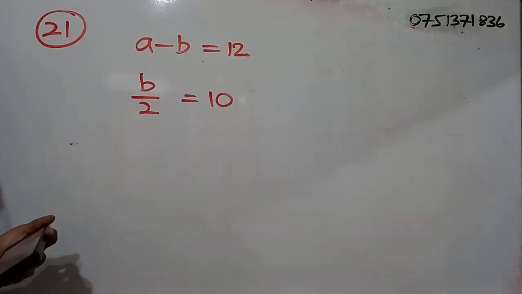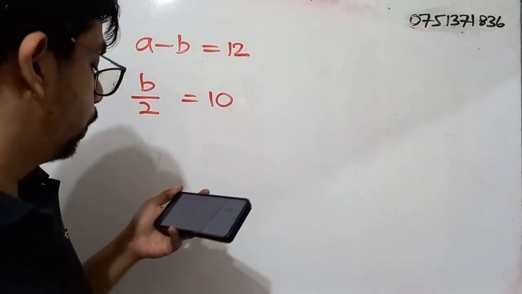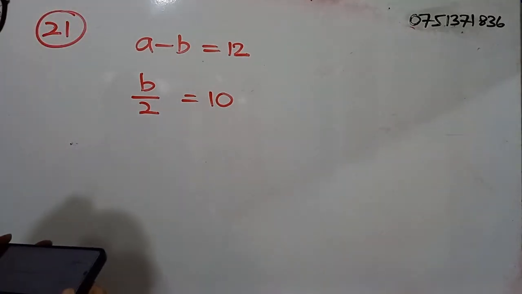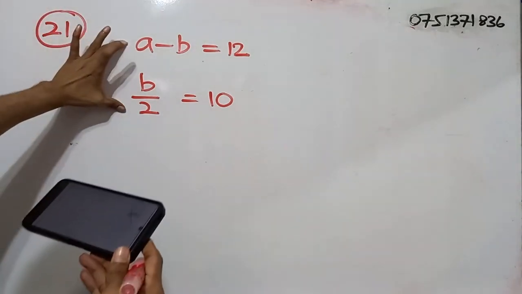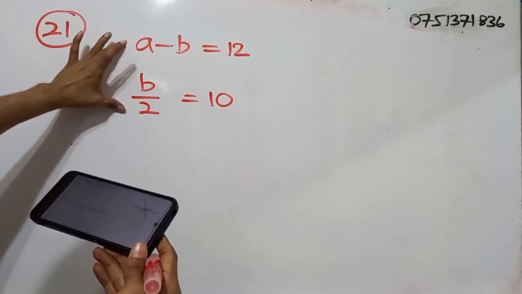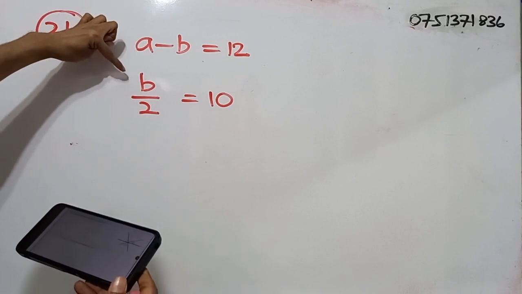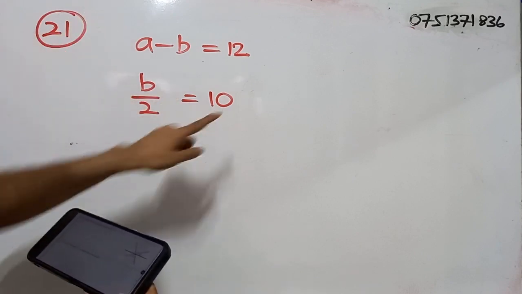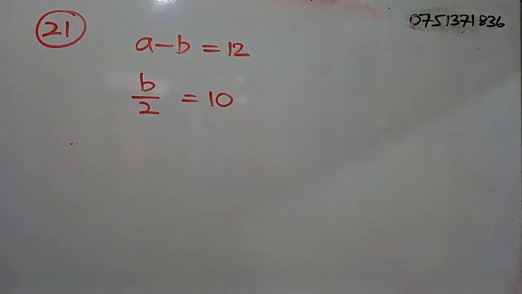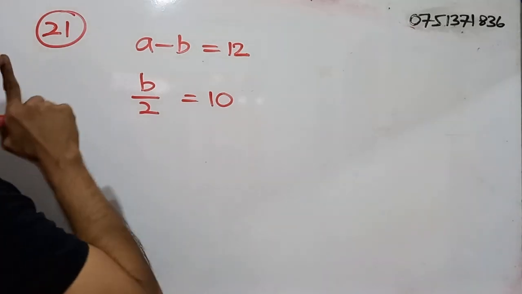Right. Question number 21. So there we have been given two equations. Okay. So we will go through the question. If a minus b is equal to 12 and half of b is equal to 10, what is the value of a plus b? Right.